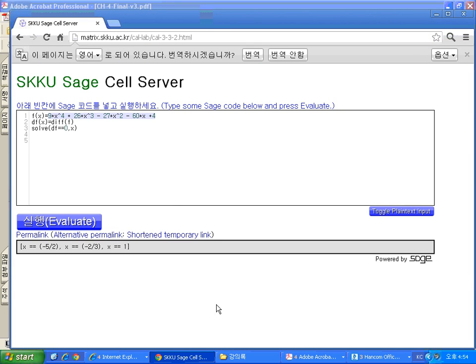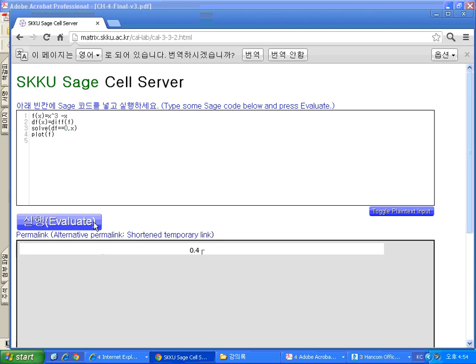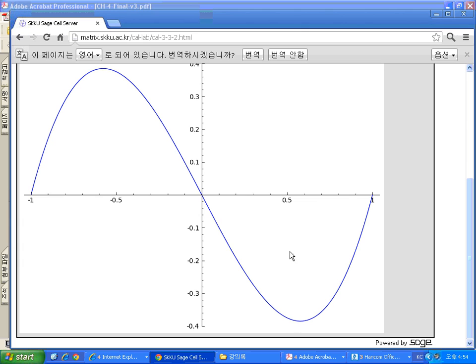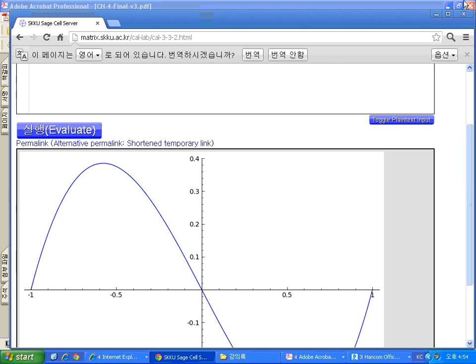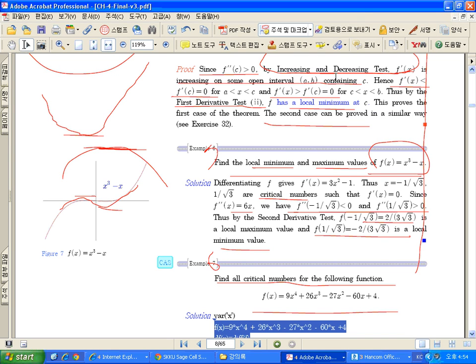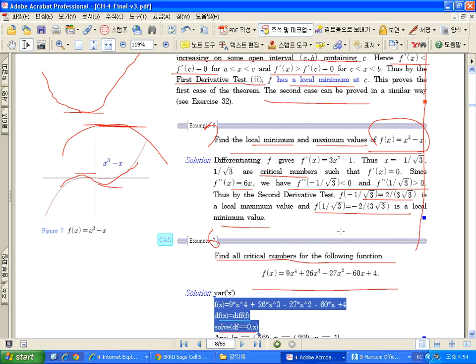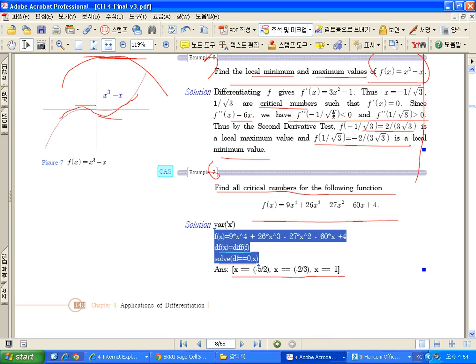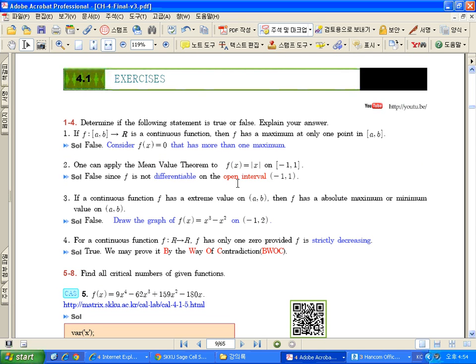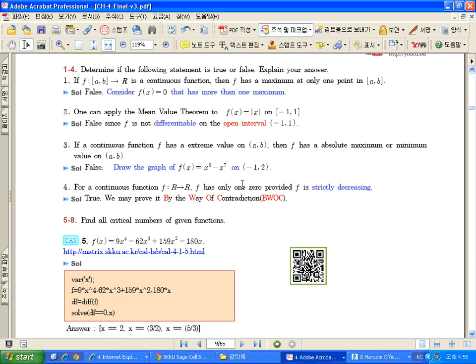Then we can find the critical values here, and also draw the graph to figure out what the local maximum and local minimums are at the critical values like this. So we can verify what we did with the CAS systems to simulate what we did.